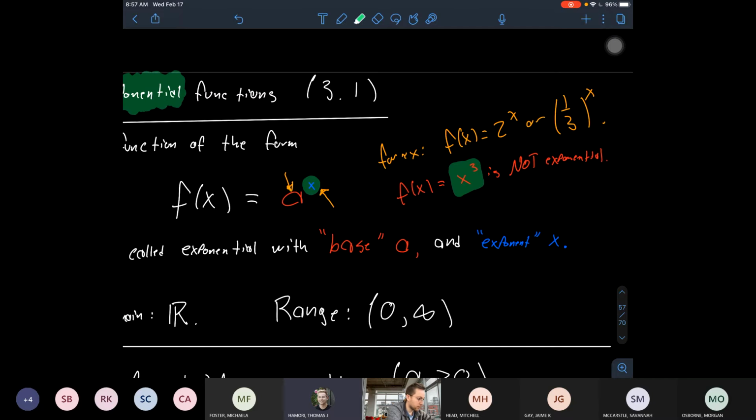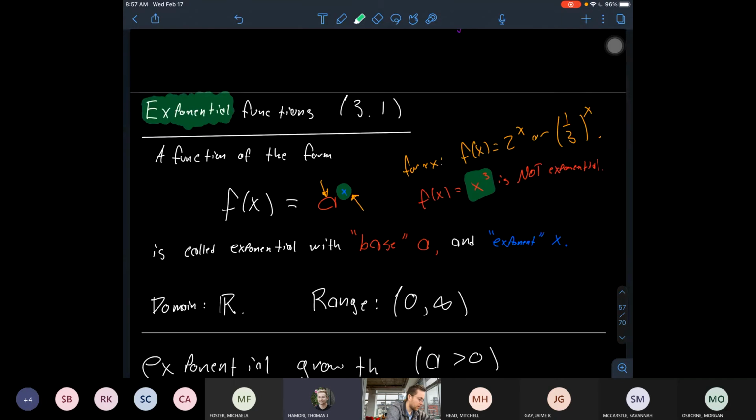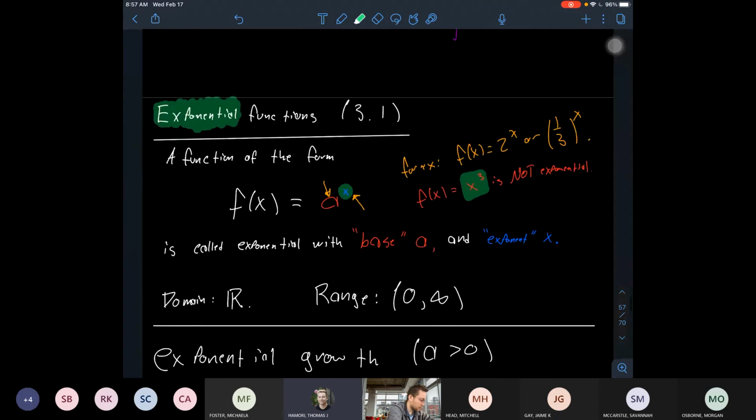When I talk about an exponential function, I'm talking about having x in the exponent. So we have a number to a power, as opposed to x cubed, where we have x to a number. That would just be a polynomial. We call the number a the base, and we call the exponent the exponent.